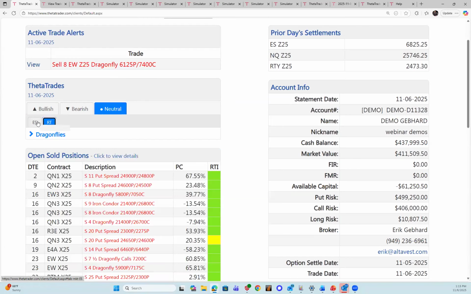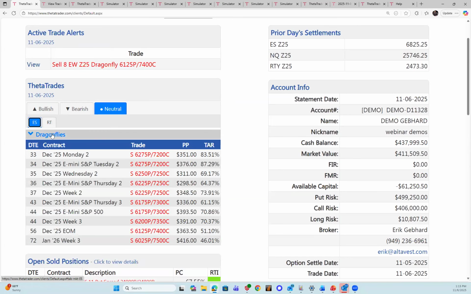Why don't we look at this here? We'll look at a dragonfly on the E-mini S&P 500, and you'll notice there are trades available anywhere from 33 to 72 days till expiration. And these are all pre-built for you. They're already pre-generated for you. You can see the strike prices are pre-selected of the puts that are being sold and the calls that are being sold.